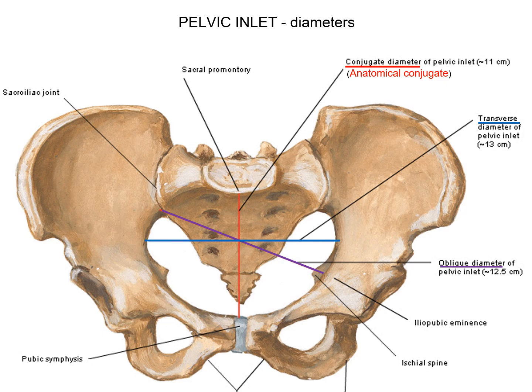The oblique diameter is measured from the iliopubic eminence to the opposite sacroiliac joint. The conjugate or sagittal diameter is measured between the sacral promontory and the pubic symphysis.